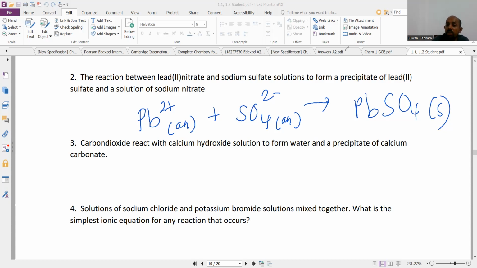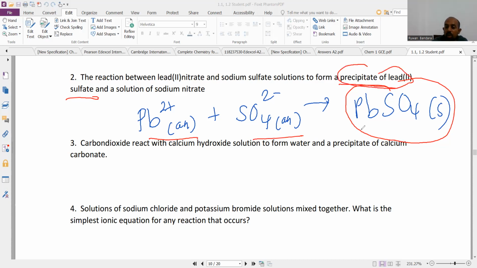Remember, if you have a precipitate, you can isolate the precipitate and write the ions. It's ions, that's the ionic equation. Simple. It's a precipitate.